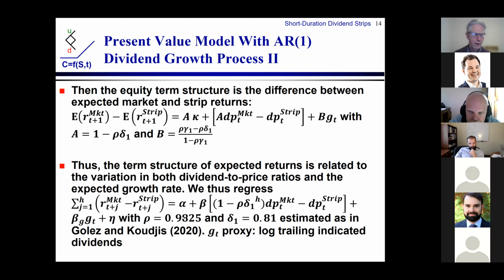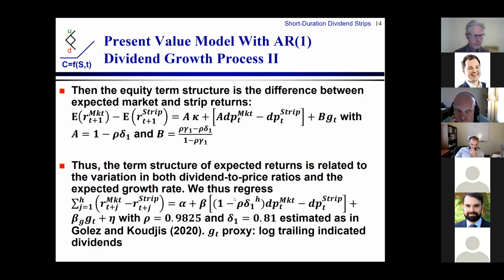And finally, we are also using a version where we are putting in the dividend growth. And our proxy for that is the log trailing indicated dividends. So this is survey-based and forward-looking from market participants who are giving an indication of what they think are the indicated dividends.